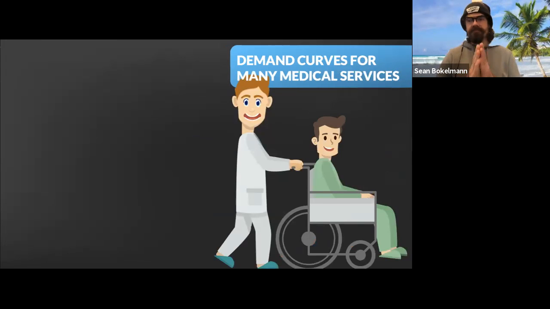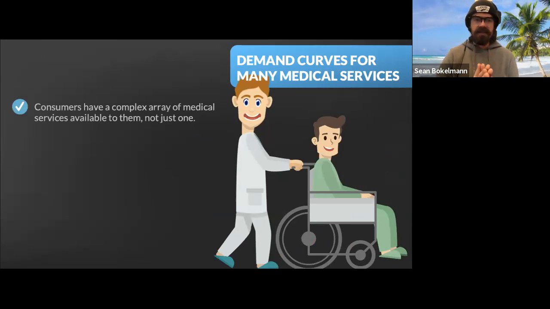Now, so far, we've assumed that there's just one type of medical care to consume, right? But we need to keep in mind that there's a complex array of medical services available, not just one vanilla flavored medical care.